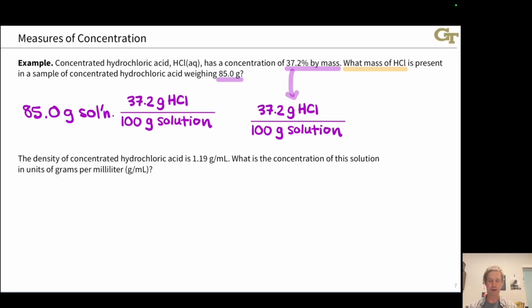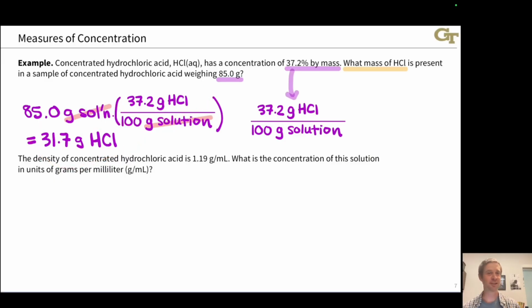By multiplying by this proportionality between the mass of HCl and the mass of solution, we'll get a cancellation of the gram solution units, and we'll get the mass of HCl remaining, and this turns out to be 31.7 grams of HCl. Notice we scaled down the solution from 100 to 85. That's about 5/6. Then sure enough, the mass of HCl is about 5/6 in that scaled down solution.